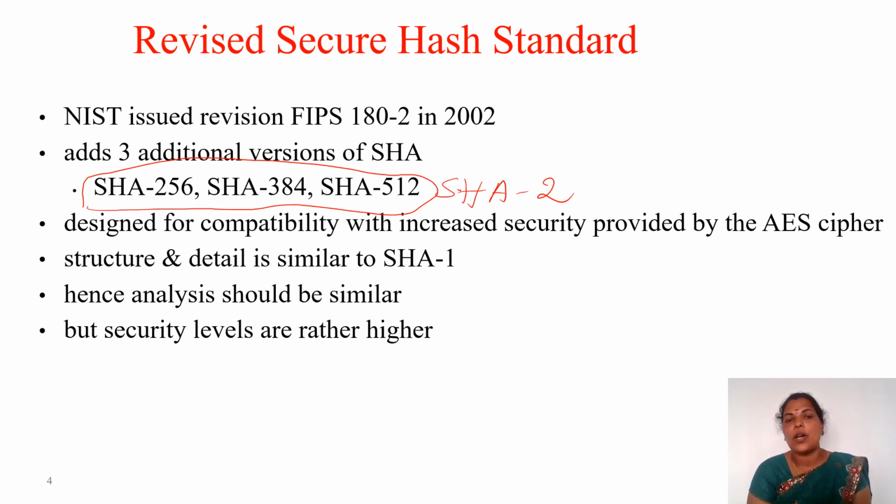SHA-2 has three versions: SHA-256, SHA-384 and SHA-512. The base structure of SHA is the same only. Some delta increment is there from SHA-1 to SHA-2, then SHA-3, in order to increase the level of security.